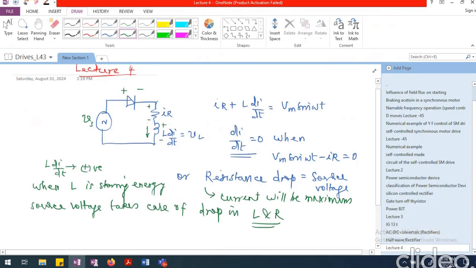But after some time, what happens is we are having this situation where Vm sin omega t and IR are equal to each other, because of which we are not going to have any more energy being stored in the inductance. Di by dt becomes zero, and after that di by dt starts becoming negative.